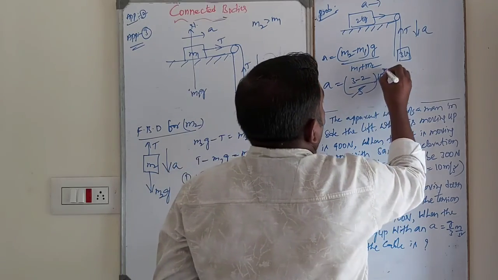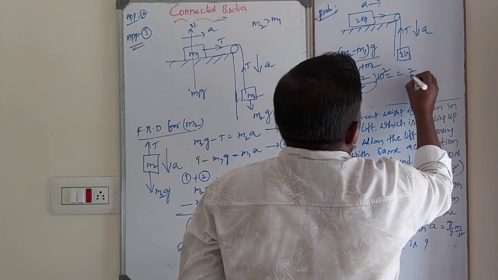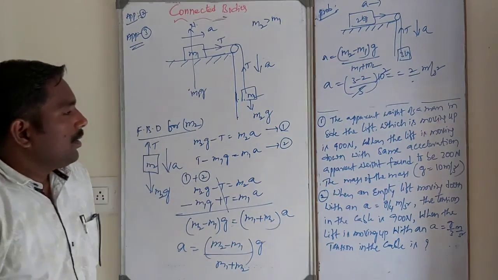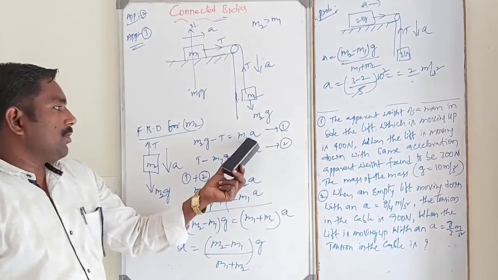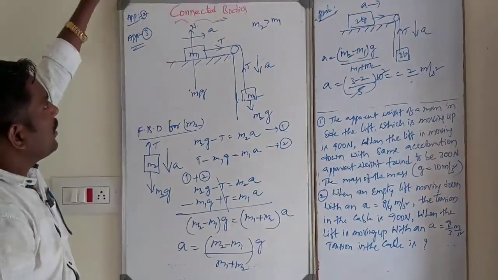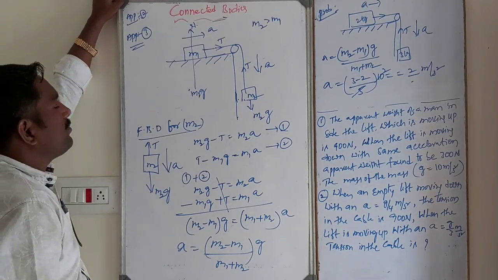So 5 ones are 5, 5 twos are 10, so that is 2 meter per second square. This is the acceleration. Substituting the acceleration value in equation 1, we can easily find the tension also. This is one method.